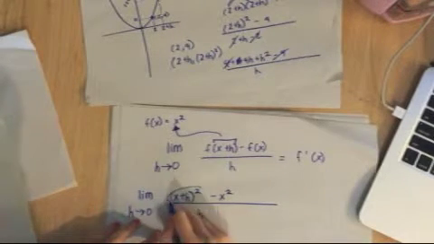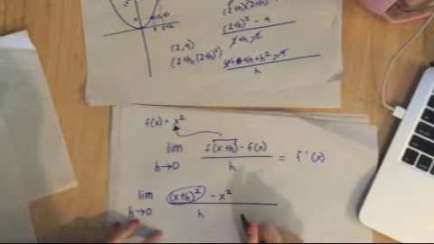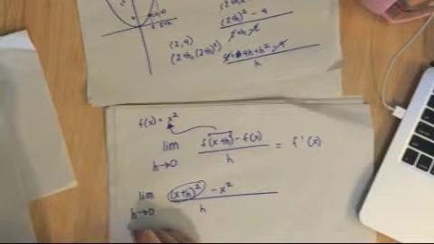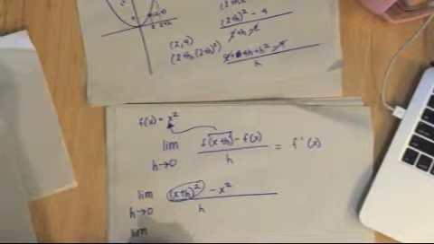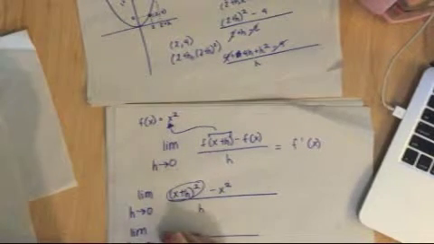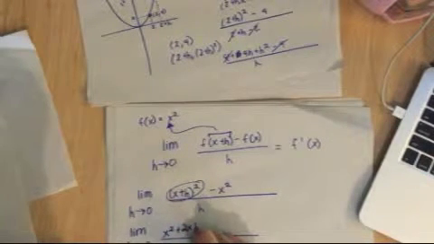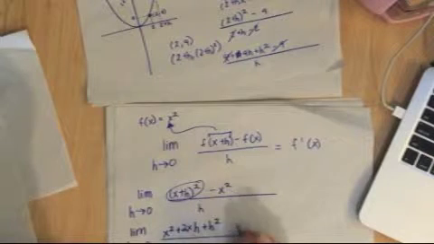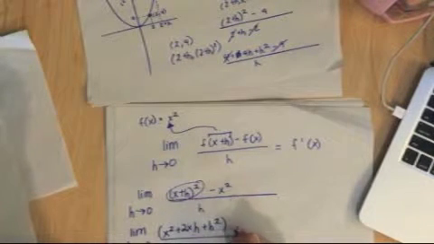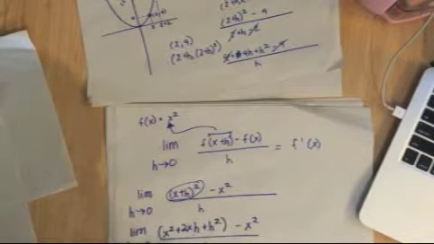And once you expand that, we would get x squared plus 2xh plus h squared minus x squared all over h.